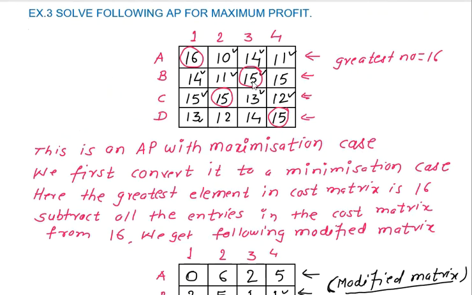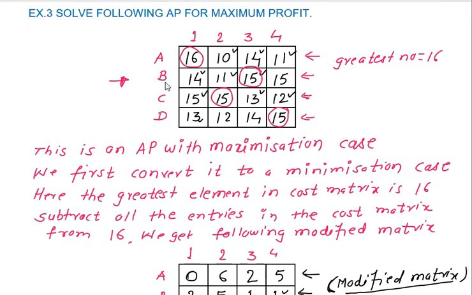So in this way we get maximum profit. For that, we have to convert this problem to a minimization case by subtracting all the entries from the greatest number of this matrix and then apply the usual algorithm on that modified matrix.